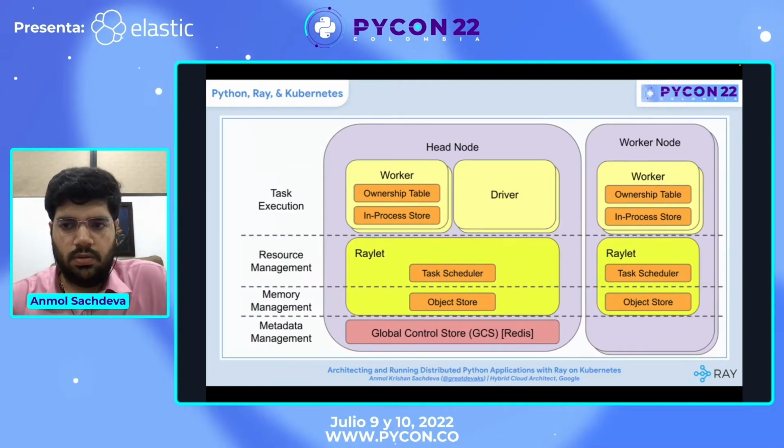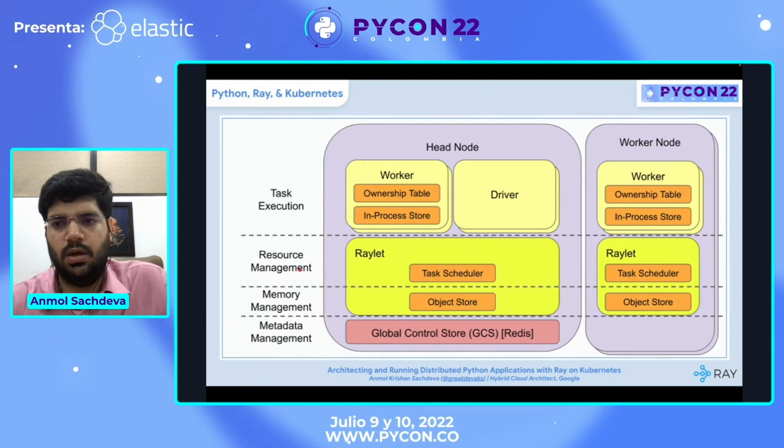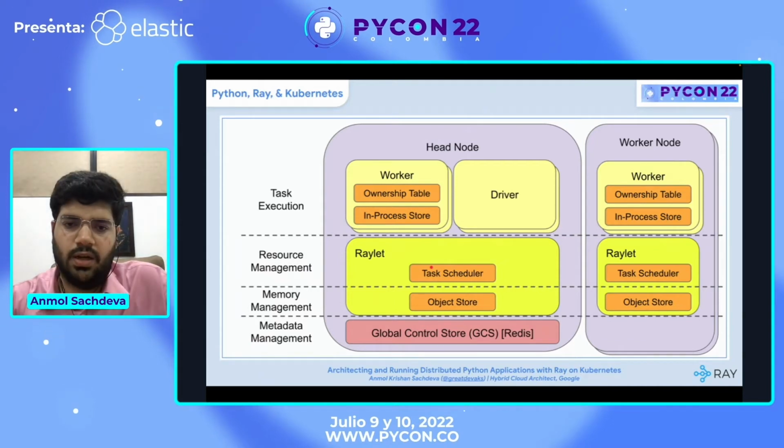So if we talk about a top level view of how these components are structured in terms of layers, the task execution is actually done by workers. The driver is not a task executor as such. Only the workers or the worker processes execute the task. We have something called a resource manager layer, wherein we talk about the task scheduler, which takes care of how many resources are left and how many resources are being utilized on the worker node.